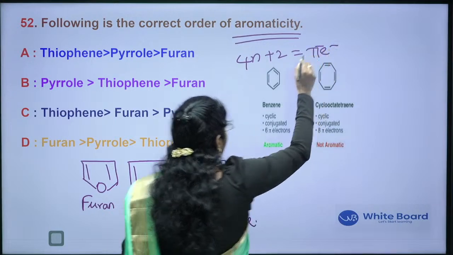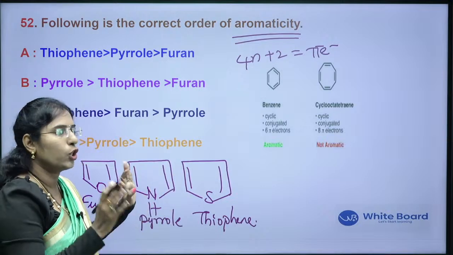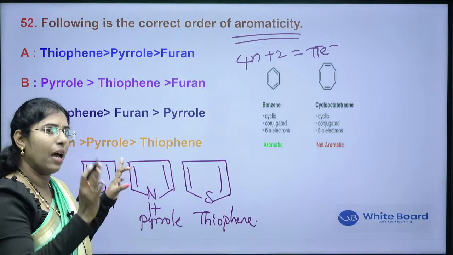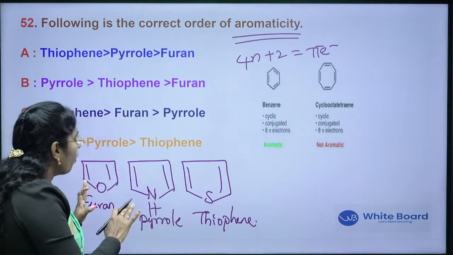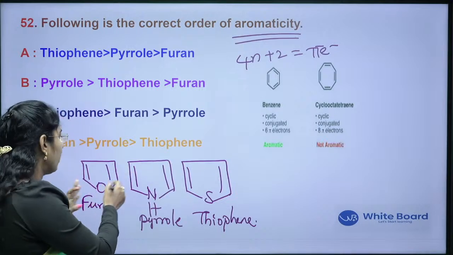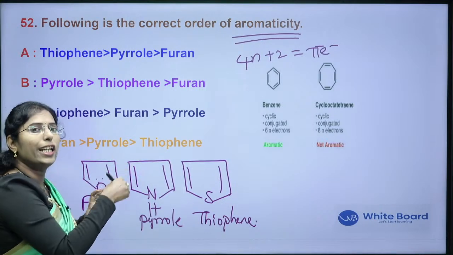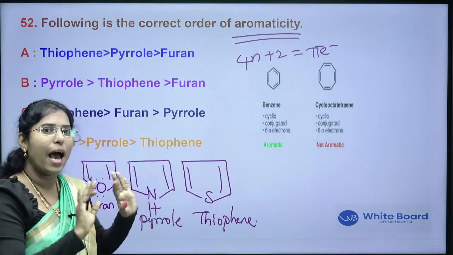Here these three, furan, pyrrole and thiophene, are said to be aromatic because they are cyclic in nature, they have sp2 hybridization, they are planar and they have a lone pair of electrons, whatever lone pair is present on the heteroatom will contribute to the delocalization of these electrons. So, these three are considered to be aromatic.